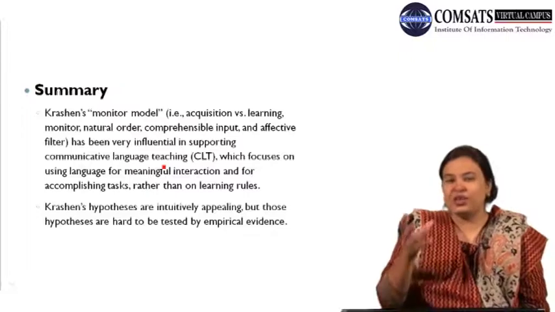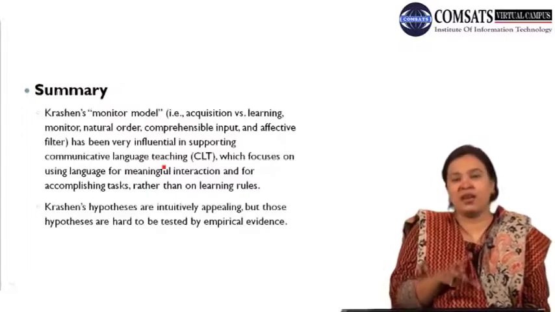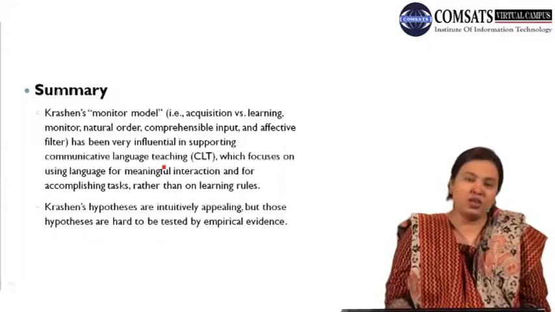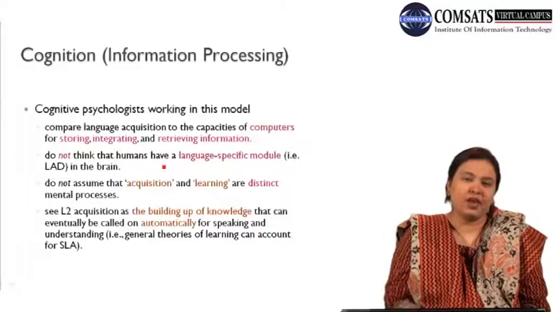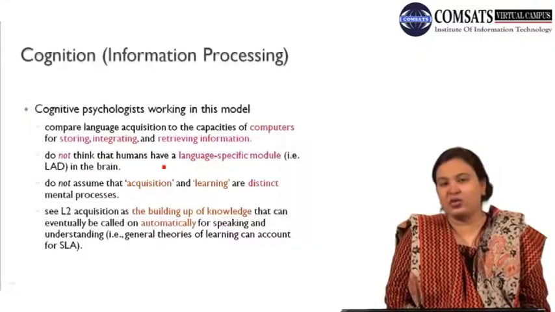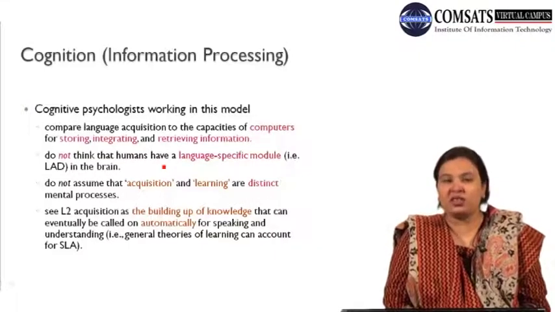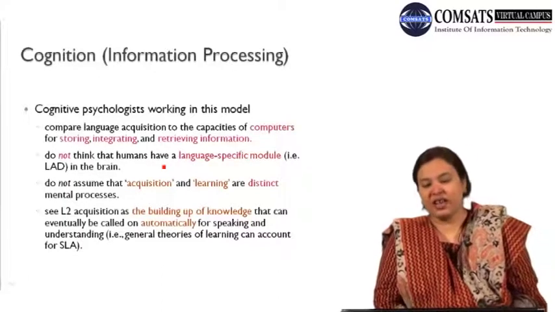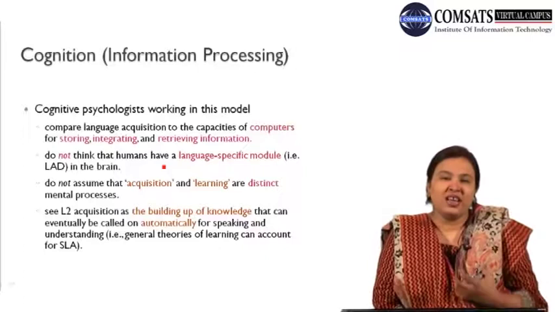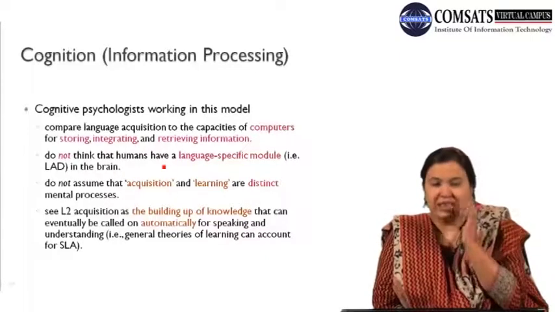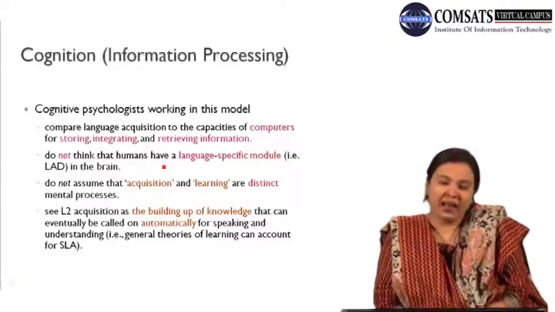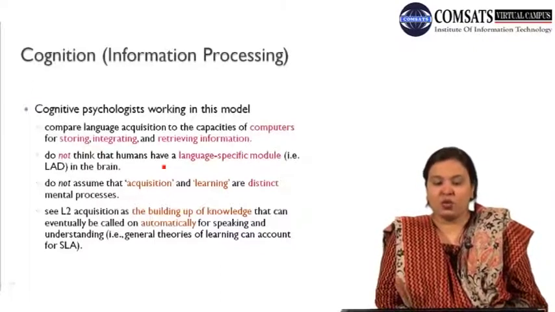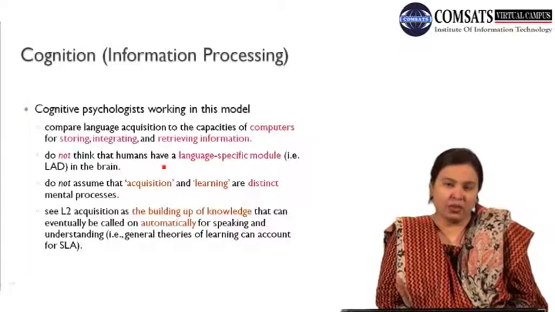So after universal theory, behaviorism, and innatism, we have another theory for second language acquisition. Let's see what that is. Cognition, also known as information processing theory. Now the cognitive psychologists who work on this information processing model compare language acquisition to the capacities of computers for storing, integrating and retrieving information.